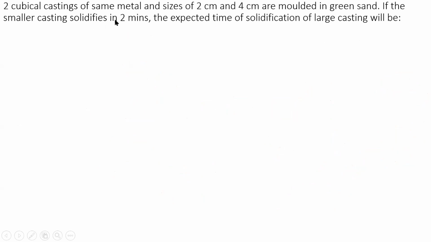If the smaller casting solidifies in 2 minutes, the expected time of solidification of the large casting will be. So here, solidification time. I have already told you that T is equal to gamma times V by A whole square. This formula you can apply here. Please find the answer for me. It is not a very tough question. It is an easy one. Please try this question.